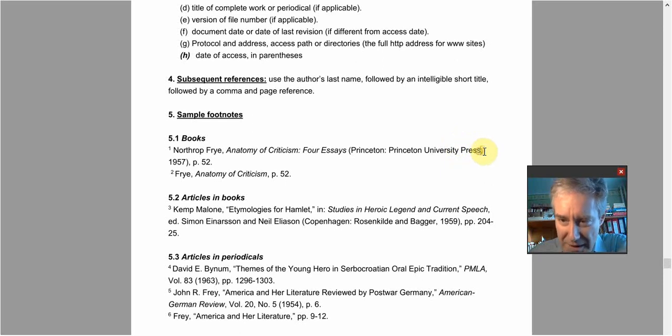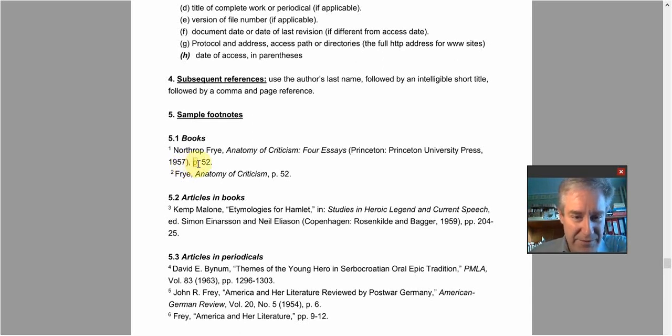Then we have a comma, and then the year that the book was published, 1957. Then another parenthesis, then another comma, and again we have to do it just like this when we're doing our essays.